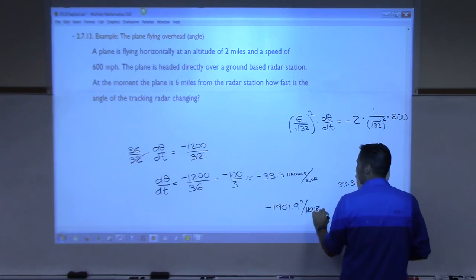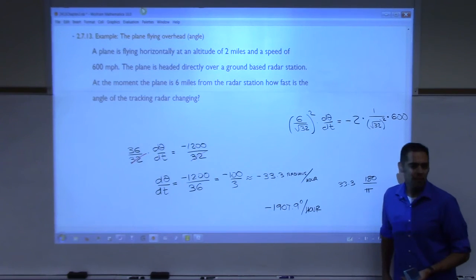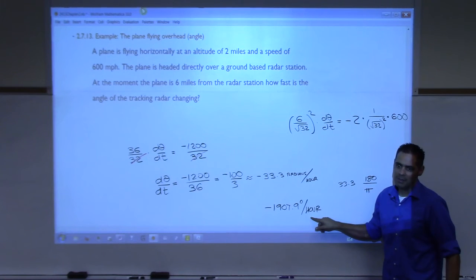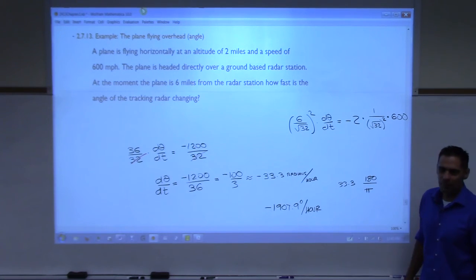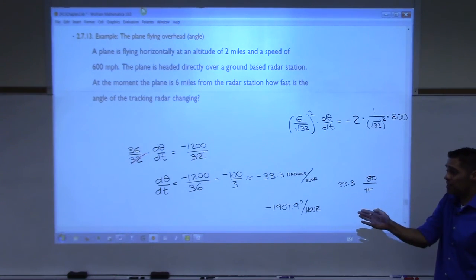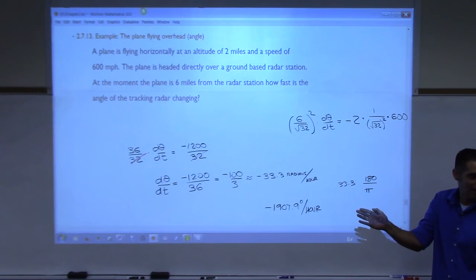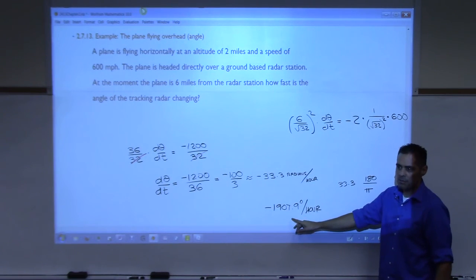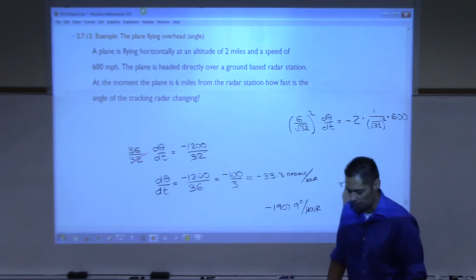That seems like a lot of degrees, right? But it's per hour, though. That's a long time, right? If I say I turn 360 degrees in 1 hour, that's the minute hand on a clock, right? That's slow. So this is pretty slow, all right? That's not as big as it looks.